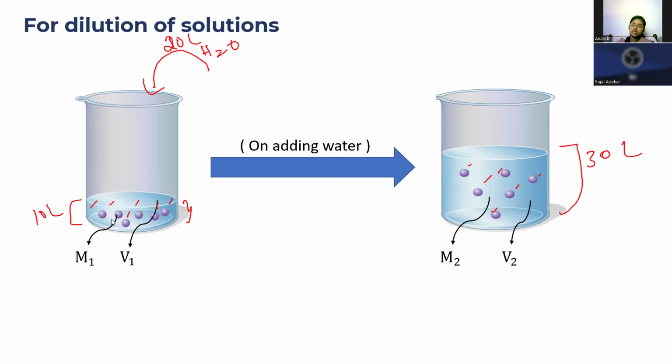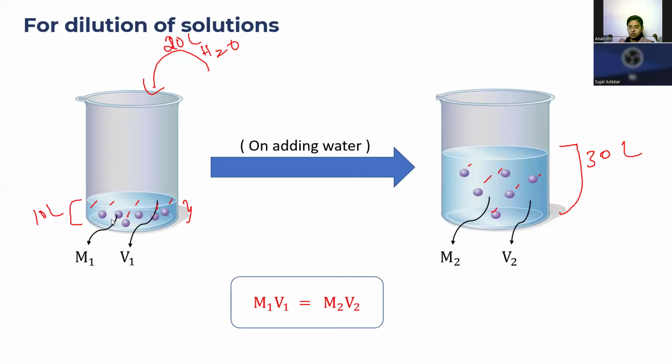So the number of particles remains the same, but the volume changes. Since volume is changing, molarity will change from M1 to M2. So for dilution of solution, M1 V1 will be equal to M2 V2.